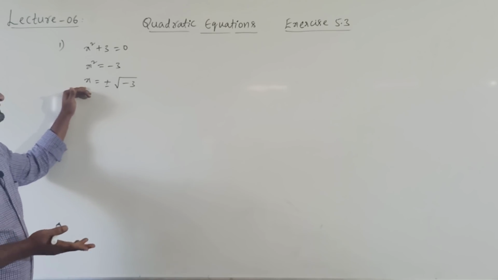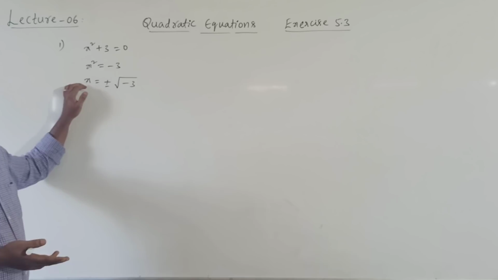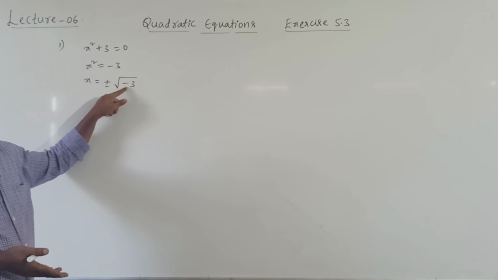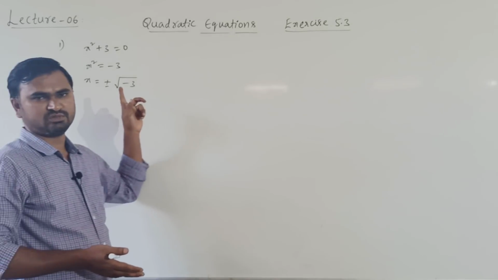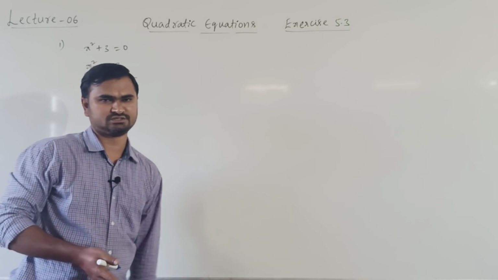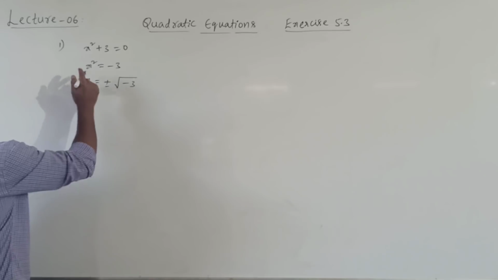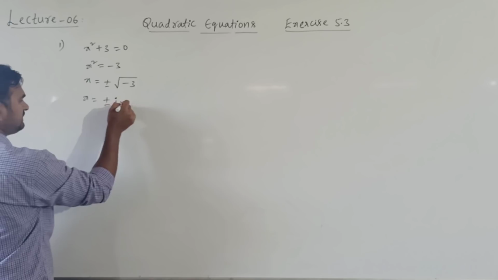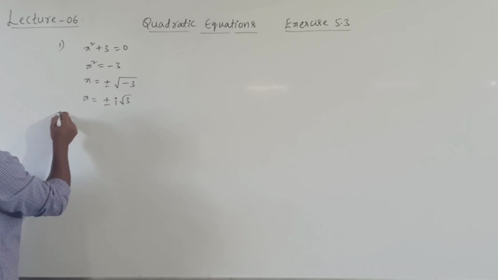Okay. If nothing is given, we can find the solution here. What is the square root of negative numbers? We know it is imaginary. So here roots exist but they are imaginary roots. So x equal to plus or minus square root of minus 3, which I can write as i root 3. So what are the roots?